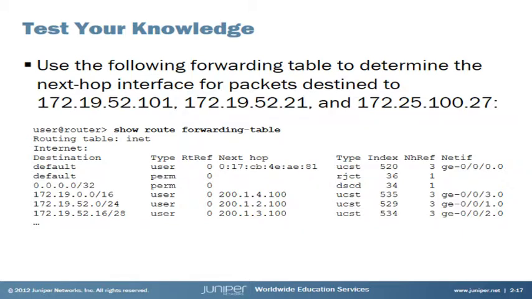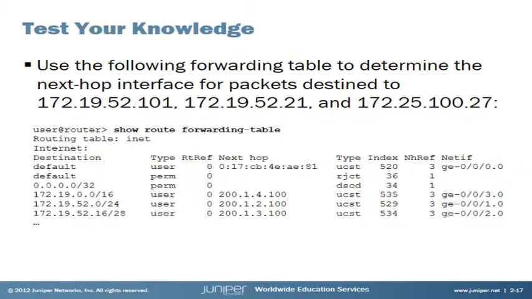So, is that number in between 16 and 32? No, it isn't. Therefore, it will go out interface GE001. The second last entry will be the forwarding entry, because it does fall within the /24, doesn't it? Yeah, it falls within there, but it doesn't fall within here.